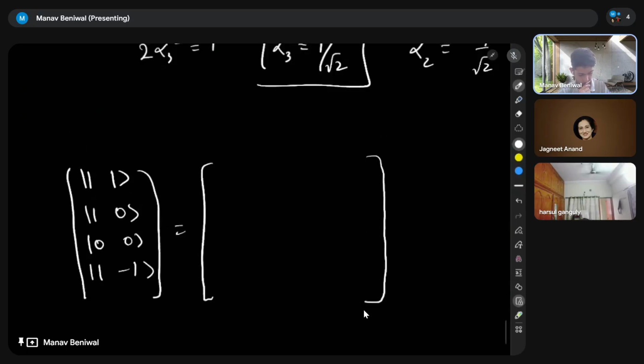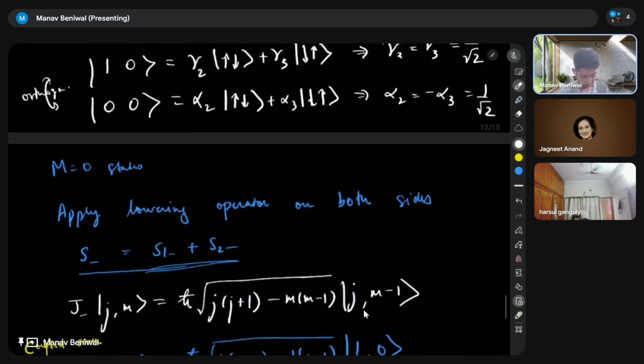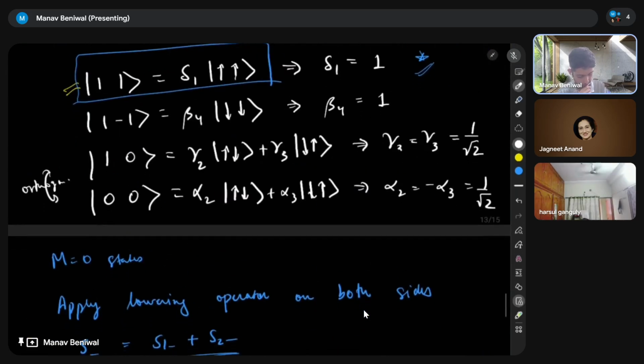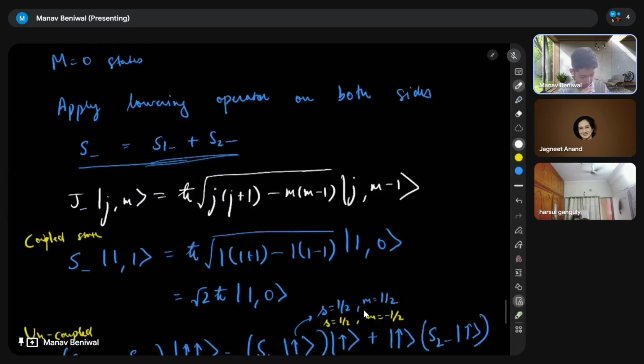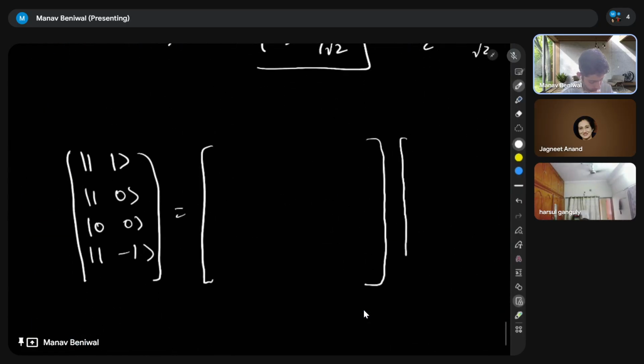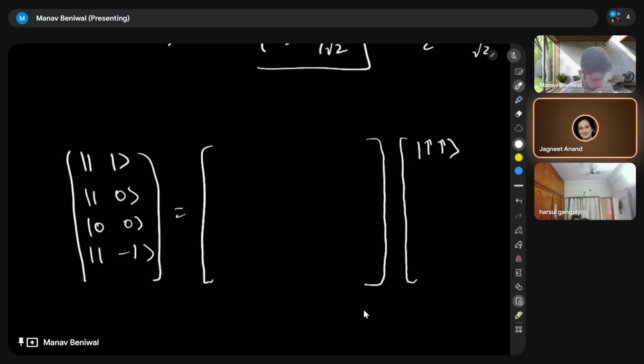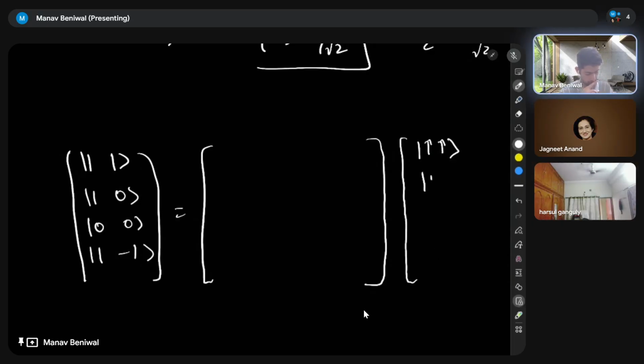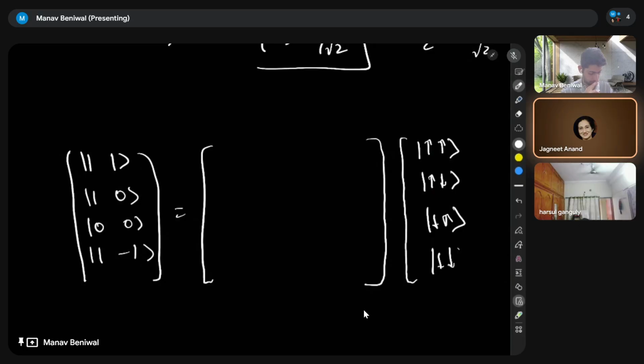Then I'll have my coefficients, with the basis states up up, up down, down up, and down down.